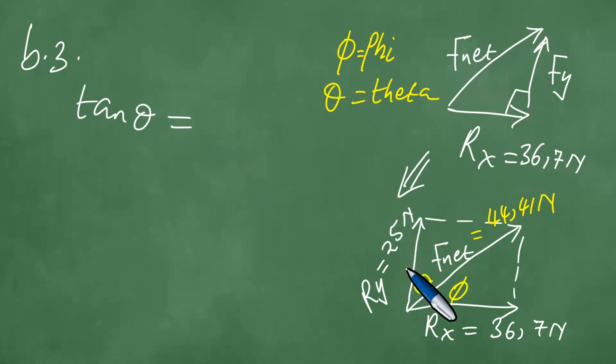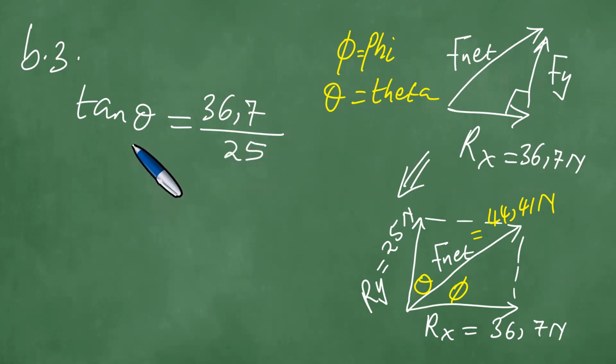So the tangent of theta becomes, in this parallelogram that we've got, 36.7 divided by 25. So the tangent of theta becomes opposite over adjacent.